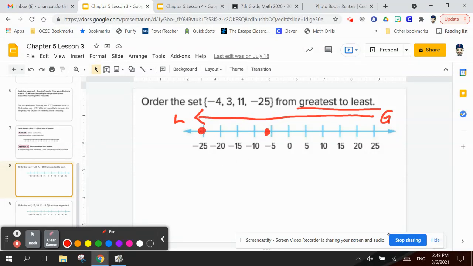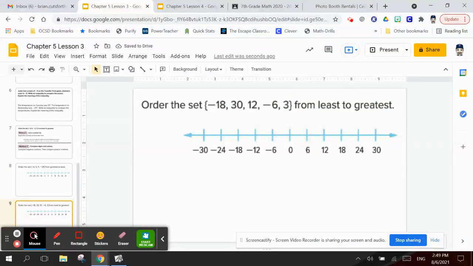Well, I know that -25 is furthest away, so that must mean it's the smallest number. And then it's -4. Then I have 3 and 11. Which one's furthest to the right? That's 11, so that's my largest number, so it has to go 3 and 11.